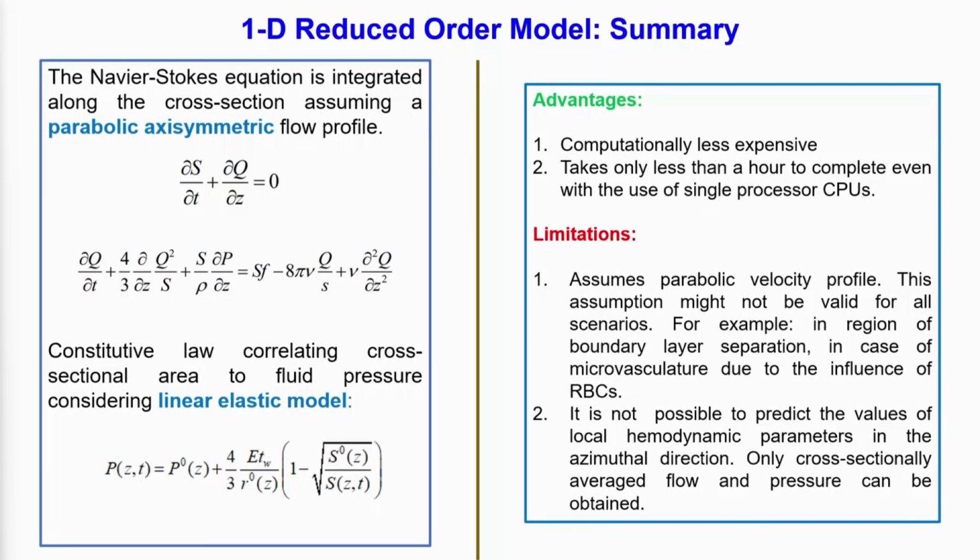The advantage is that now this is a one dimensional unsteady problem and you can solve it in much less computational time. Whatever may be the method, time will be much less as compared to the 3D solution. So, it is computationally much less expensive, and it typically takes less than an hour to complete even that carotid artery problem.